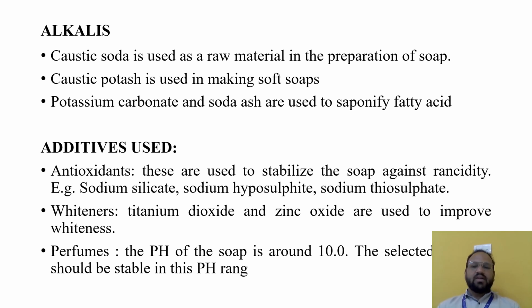These are used to stabilize the soap against rancidity. Examples: sodium silicate, sodium hyposulfite, sodium thiosulfite. Whiteners like titanium dioxide, zinc oxide are used to improve whiteness of the soap. Perfumes: the pH of the soap is around 10. The selected perfume should be stable in this pH range.